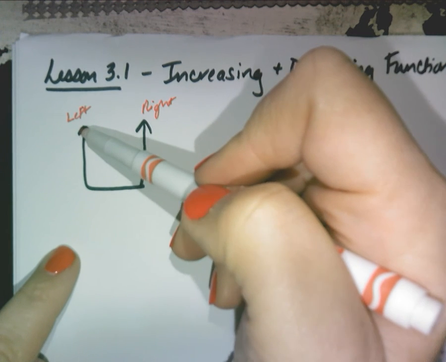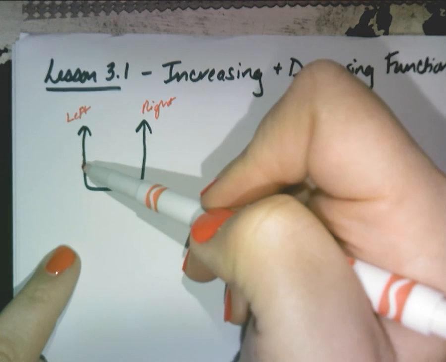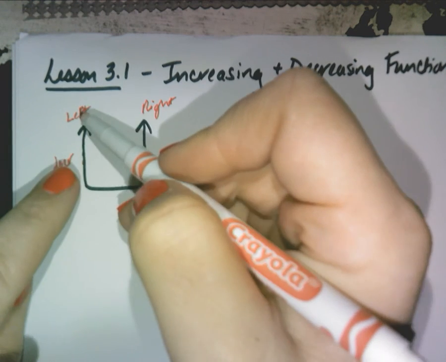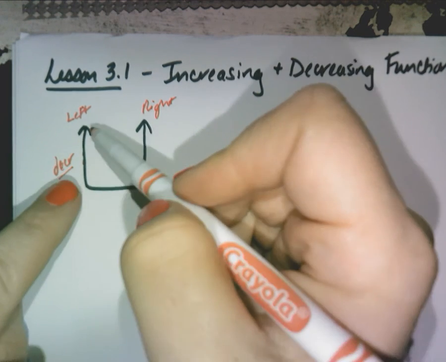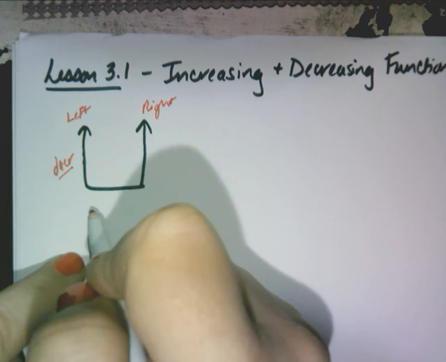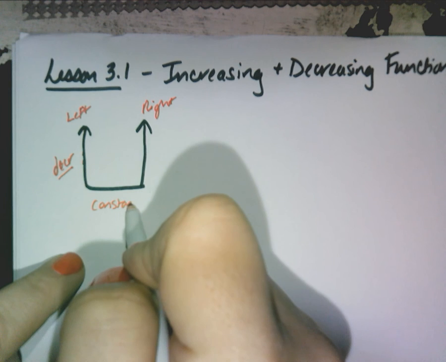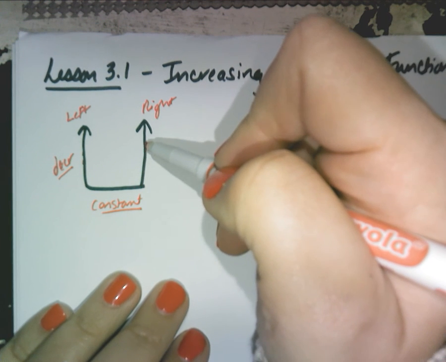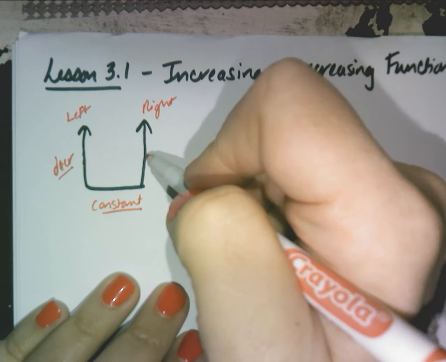Your graph right now is doing what as I move my pencil? Decreasing. Even though the arrow is pointing up, the function itself is decreasing. This point right here where it levels off is constant. This point right here, now my pen is increasing, okay?